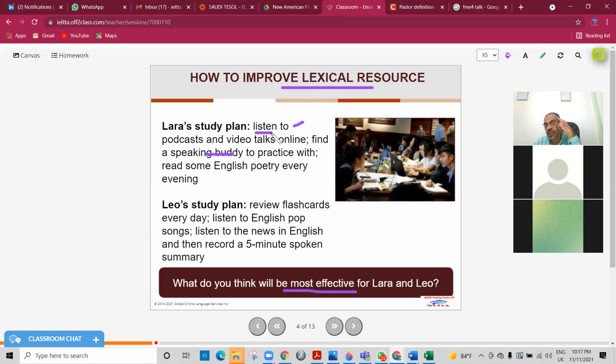So instead of just listening, she could try to find more new words to add to her vocabulary. Practice with a speaking buddy. This is good for pronunciation. Read some English poetry. Poetry could be effective.